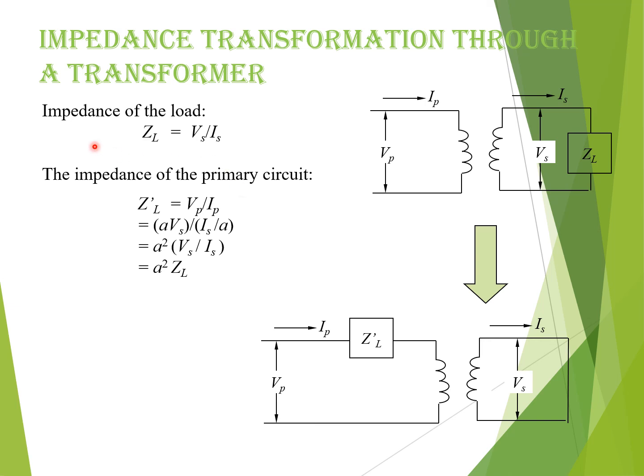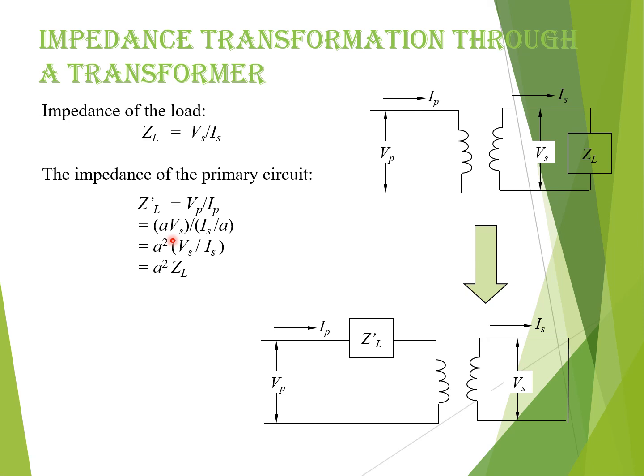So we know that ZL is equal to Vs by Is. We know this very well. The impedance of the primary circuit can be written as Vp by Ip.